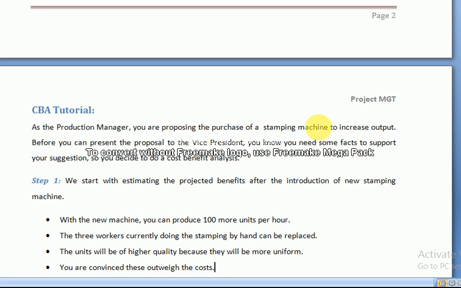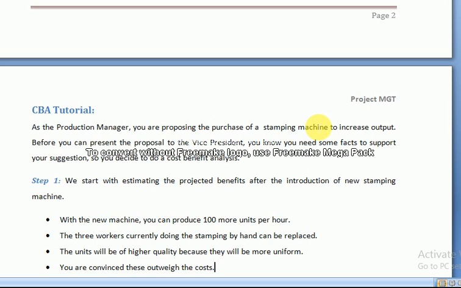Now you have to do the CBA analysis. You are a production manager, and you are thinking that if we convert the current machinery to the new production machine, it will be beneficial for our business.